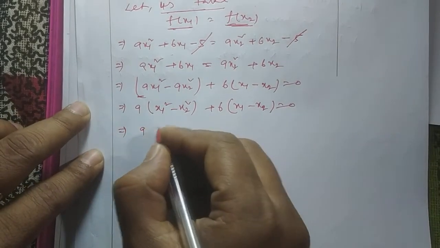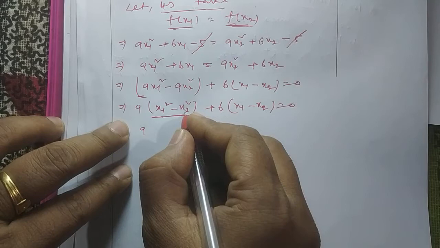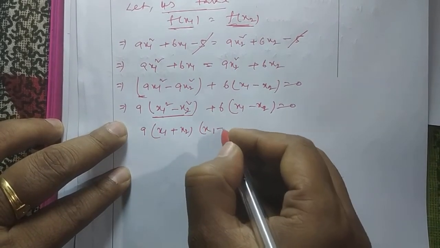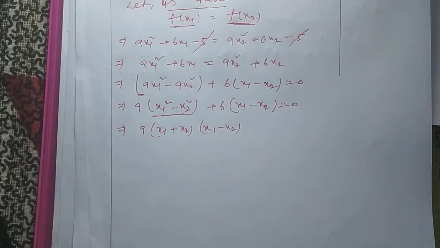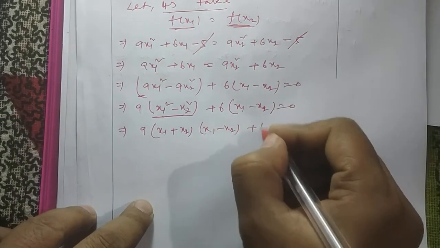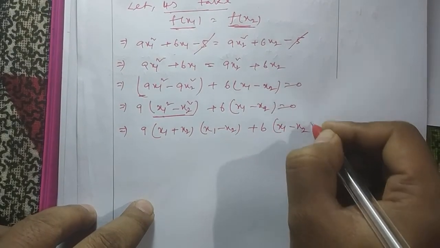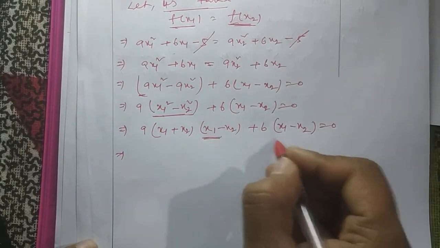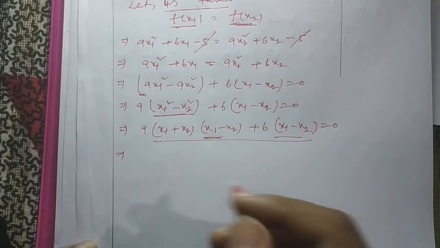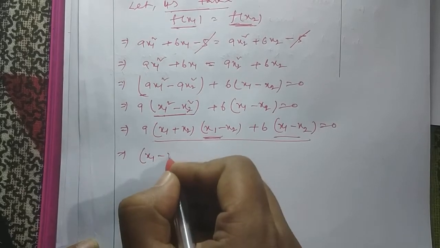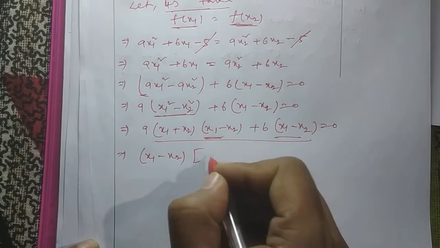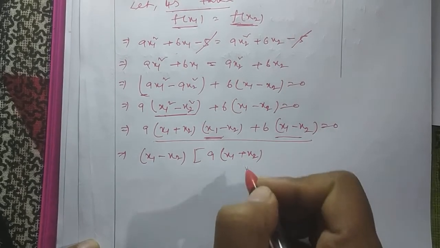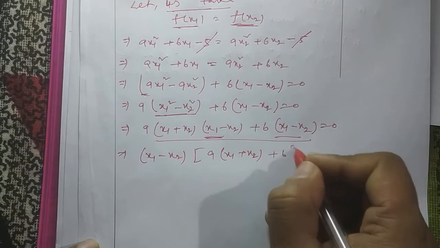Now this x1 square minus x2 square can be written as (x1 plus x2) into (x1 minus x2) by the formula of a square minus b square. So 9 into (x1 plus x2) into (x1 minus x2) plus 6 into (x1 minus x2) equal to 0, correct. Now taking (x1 minus x2) common from the whole, it becomes (x1 minus x2) into (9(x1 plus x2) plus 6) equal to 0.